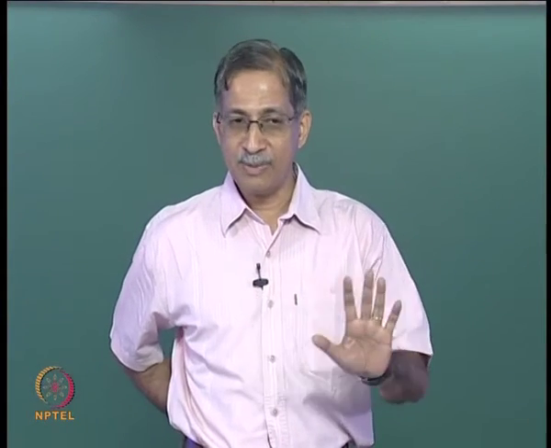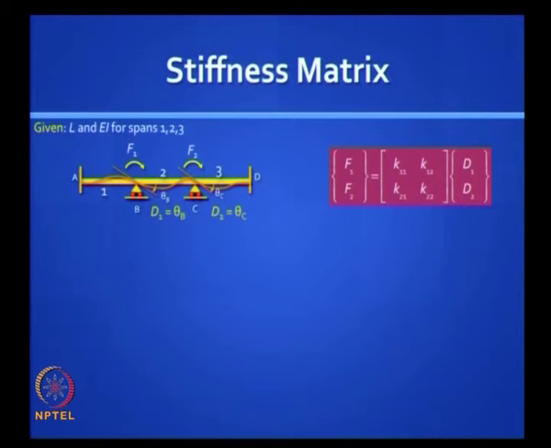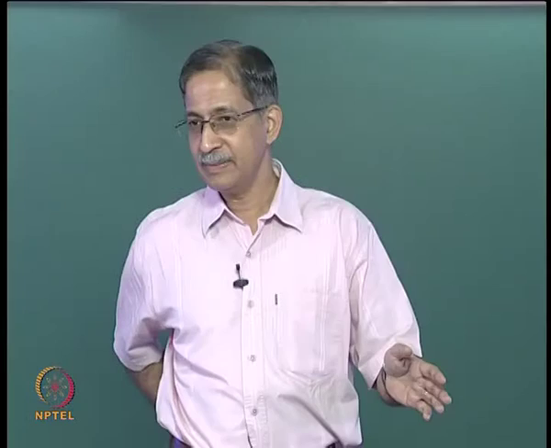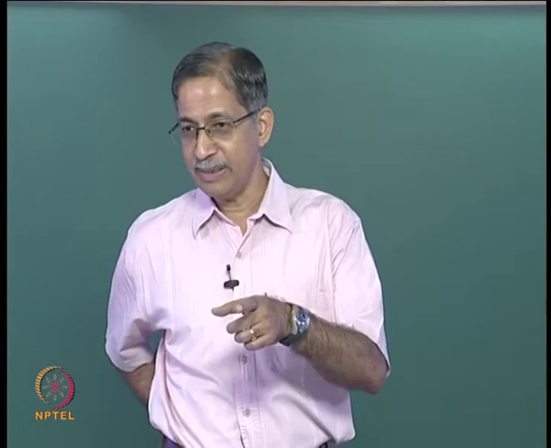You can do it. So the great advantage of knowing that stiffness matrix, which is a property of that structure, is if someone were to give you the displacements, which is very unlikely, you can find what forces caused it. But the more common problem is you have some known loads F1 and F2, and you have to find D1 and D2, and from that knowledge of D1 and D2 you must draw the bending moment diagram. So that you can do if you invert this matrix.